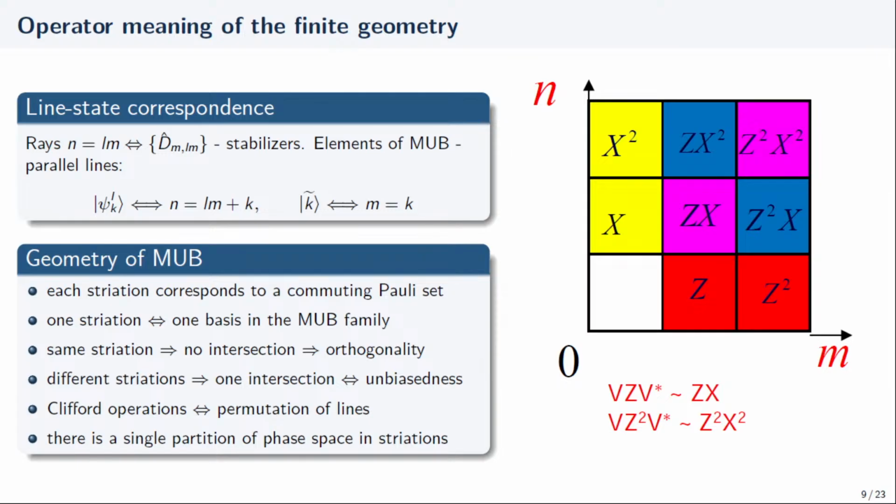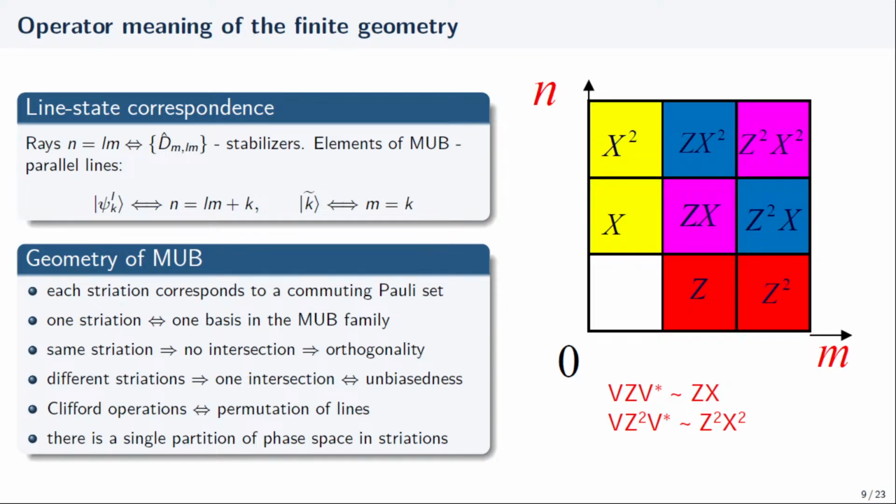So this line, this ray, is a set of commuting operators, and we can put a state to this line. What state? There are many states, which we can associate in different manners.